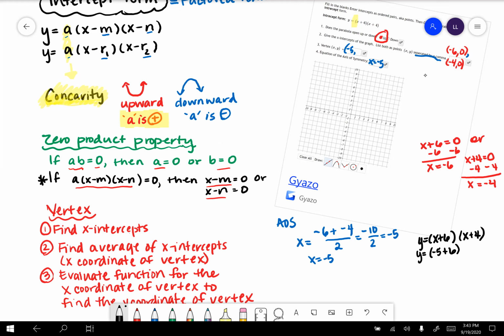So (-5 plus 6)(-5 plus 4). Then I'm going to use the order of operations to simplify. Negative 5 plus 6 is a positive 1. Negative 5 plus 4 is a negative 1. Positive 1 times negative 1 is negative 1. Therefore, our vertex is (-5, -1).